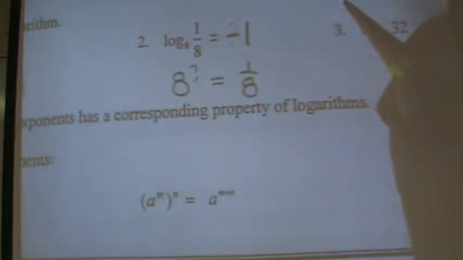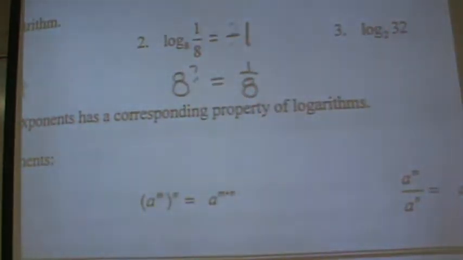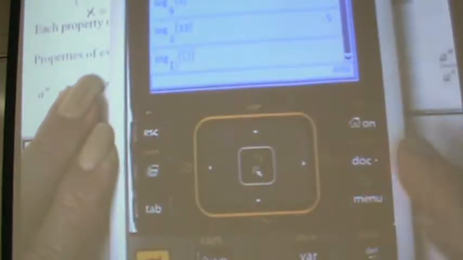Very good. Now, does anyone have a calculator? Can you type this in your calculator? The log of 1/8 base 8. I'm going to show you right now on this calculator. How do you do this? Got negative 1. Okay, so how do you type it in?